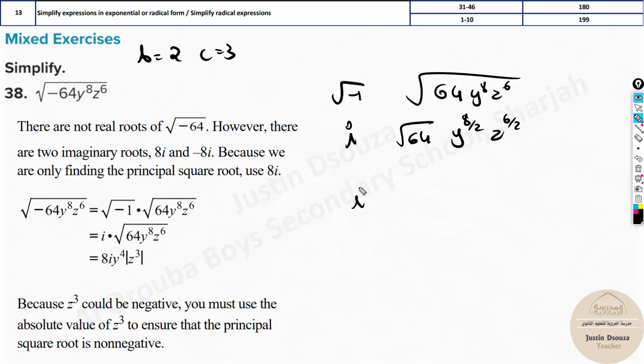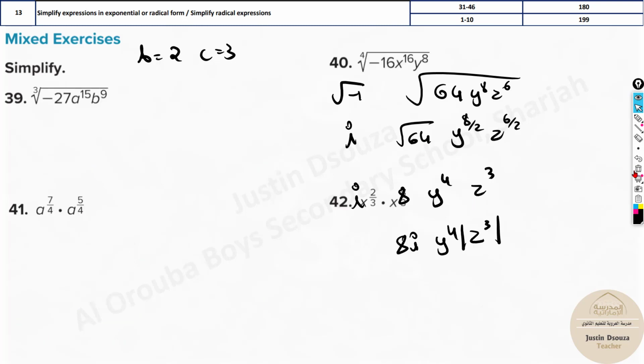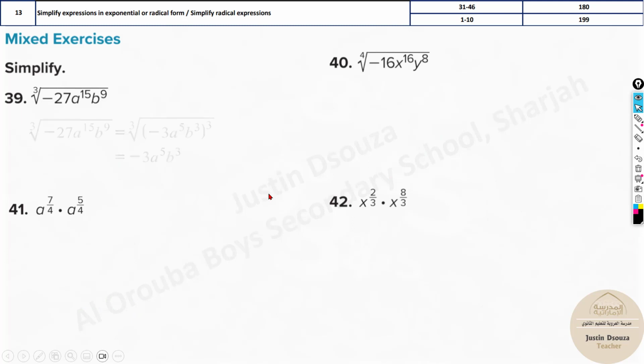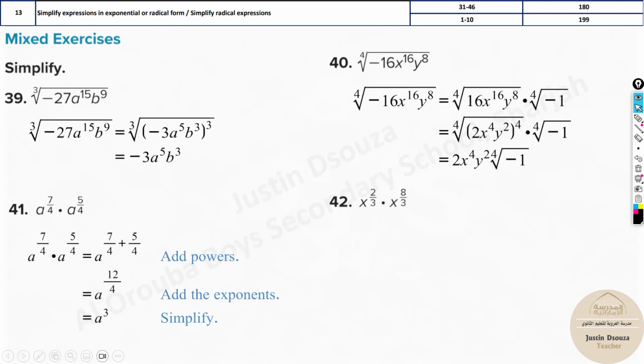Here i remains, what is root of 64? It's 8, y to the power 4, but z to the power 3. Now let's write 8i, the constant first, then i, y to the power 4, but restrict z to the power 3 only to be positive. That's it. Because z cubed can be negative as well, which is not possible. So that's the thing. And these are again the same type. You can easily solve it by yourself.